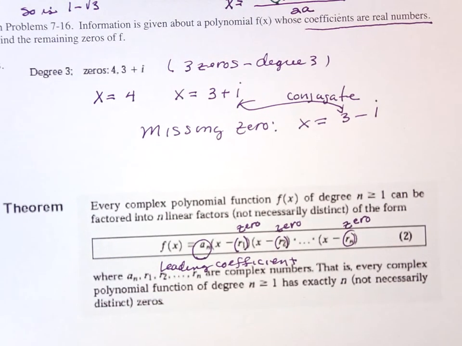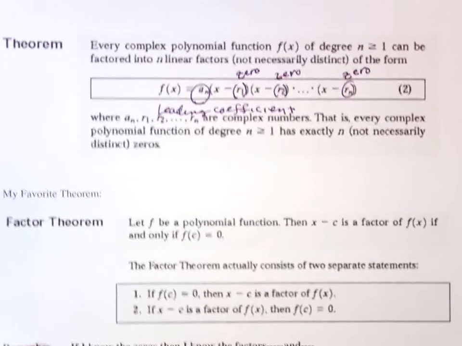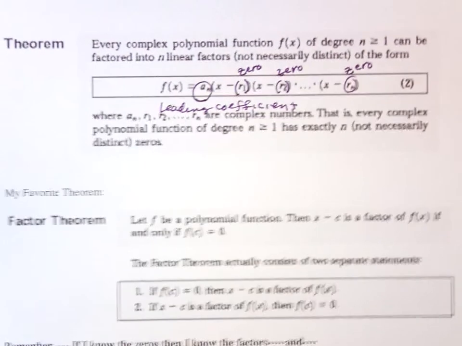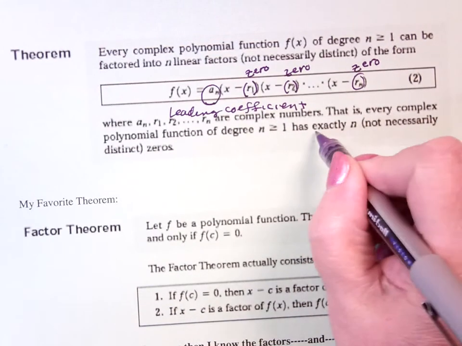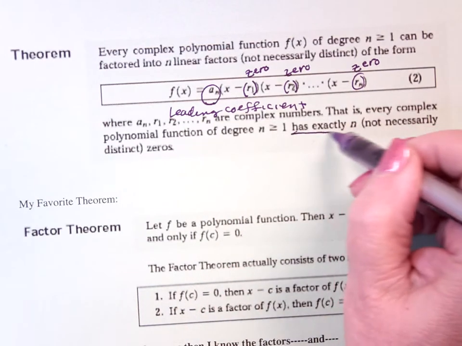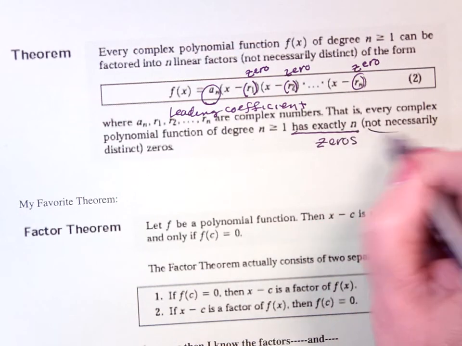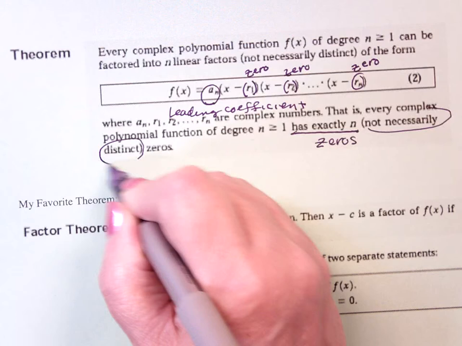Well, that's what we've been doing. Because if I know the zeros, then I know the factors. It's going to be x minus the zero, x minus the zero, x minus the zero, whatever it happens to be. And by the way, I want you to notice this too. A polynomial function of degree n has exactly n zeros, not necessarily distinct.